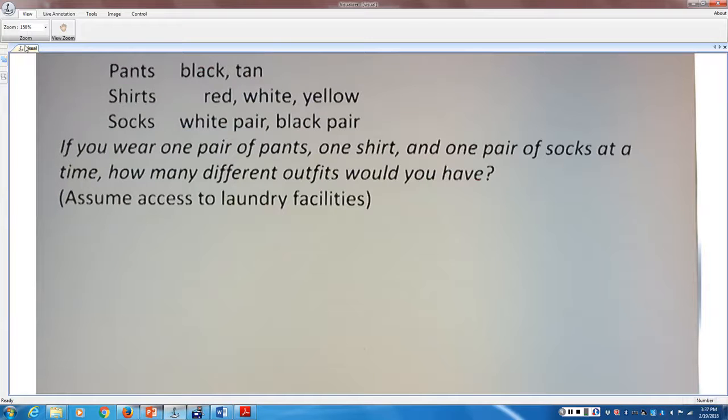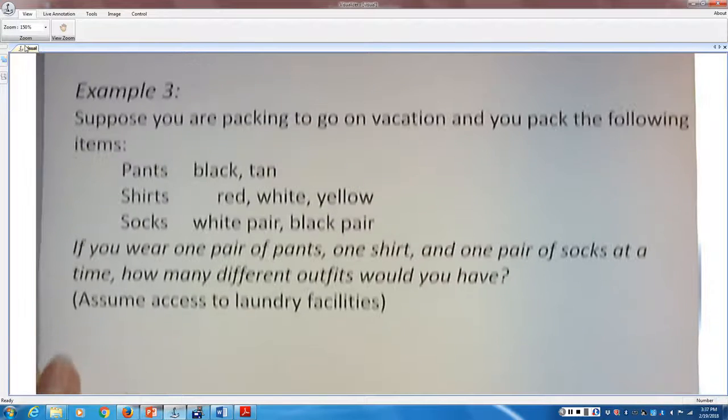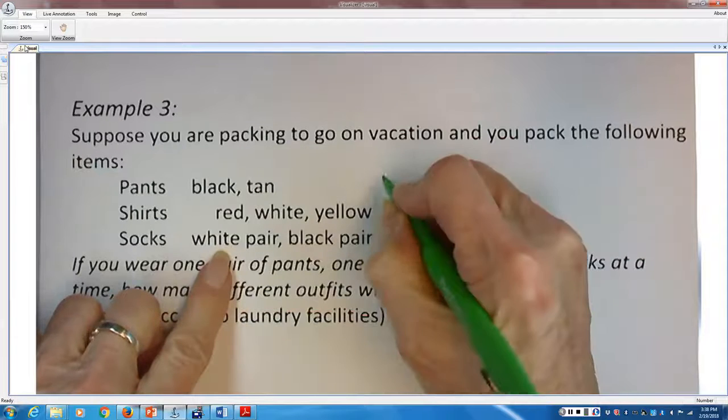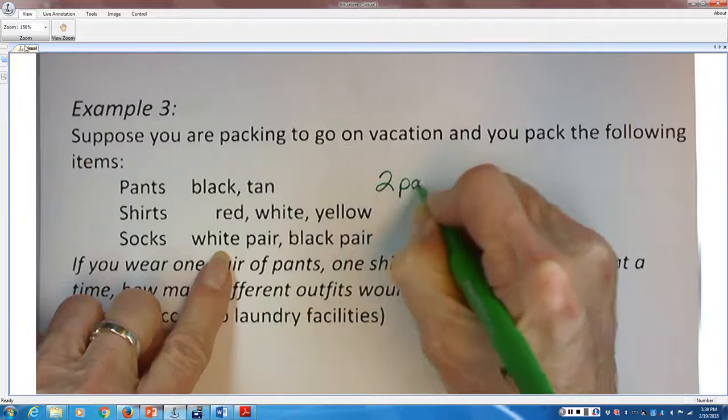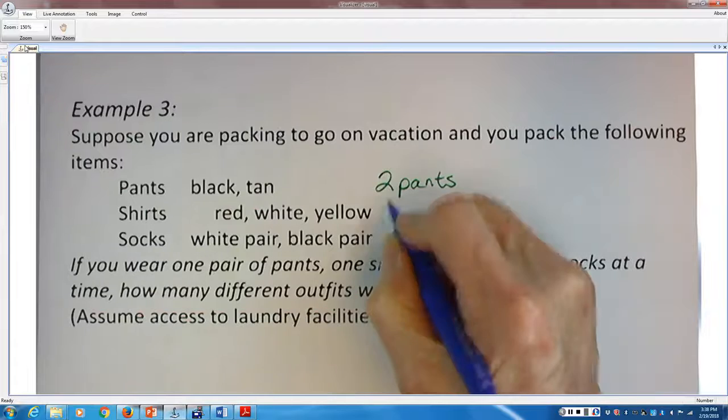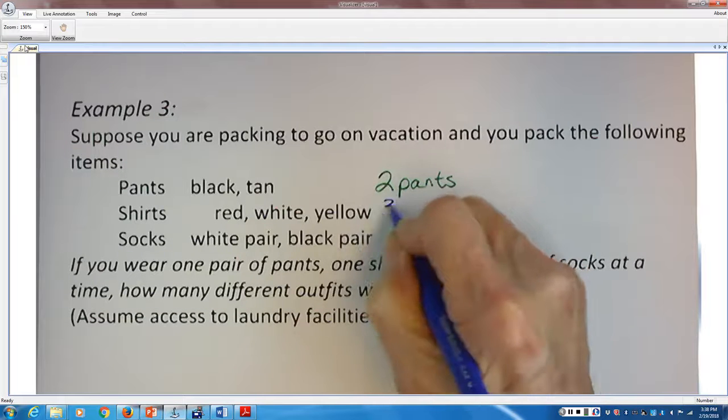Okay, our third example. Suppose you're packing to go on vacation, and you pack the following items. You pack 2 pairs of pants, a black pair and a tan pair. You pack 3 shirts, 1 red, 1 white, 1 yellow.